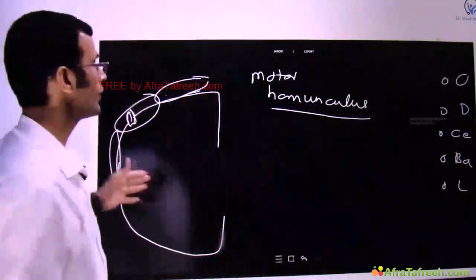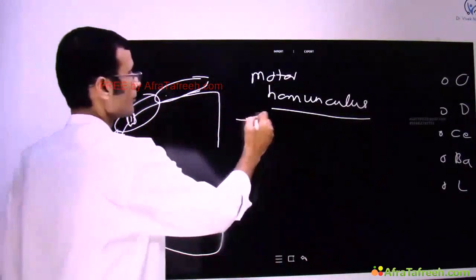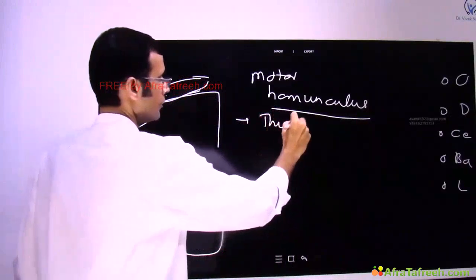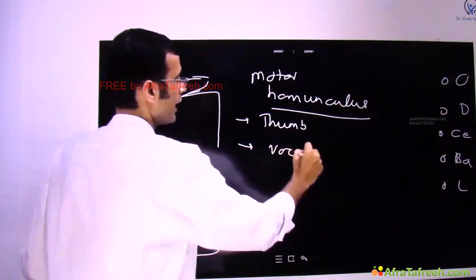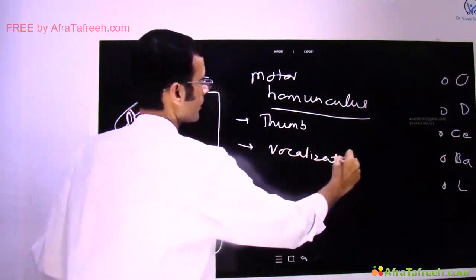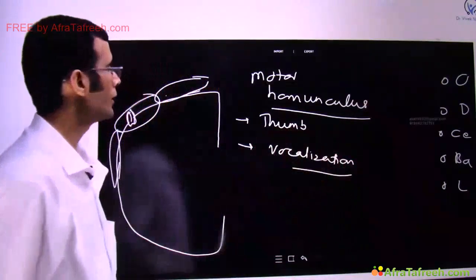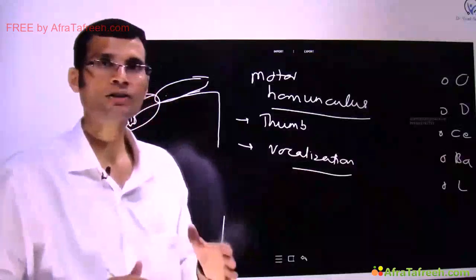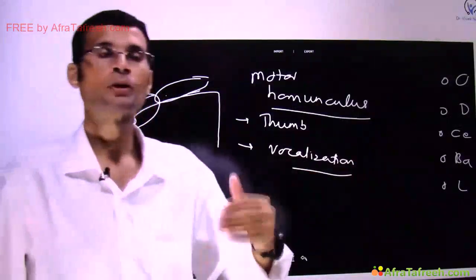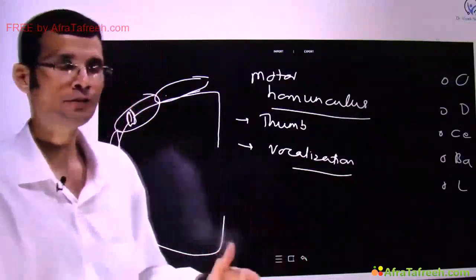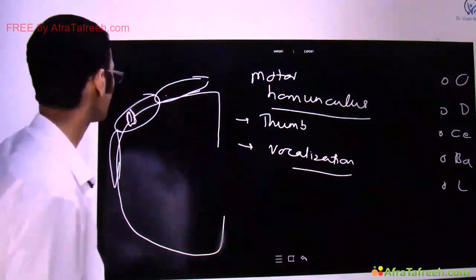Greatest representation in the motor homunculus is to the thumb and muscles of vocalization and mastication, chewing and speech. These two areas get largest representation in the motor cortex because these two are going to perform the most skilled of the motor activities.